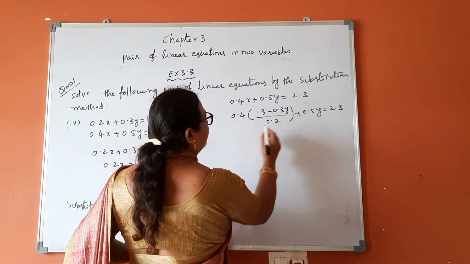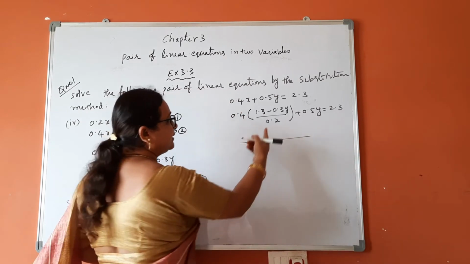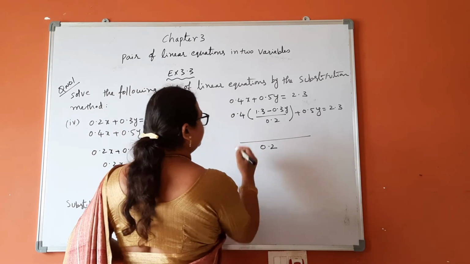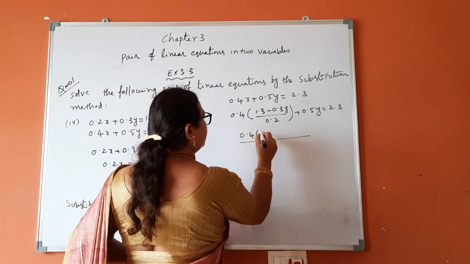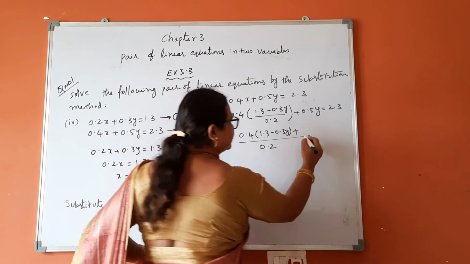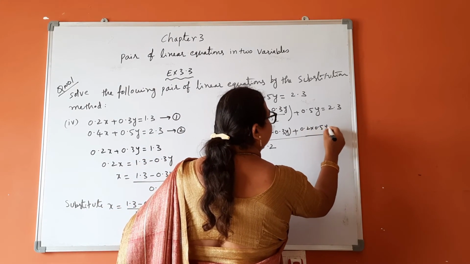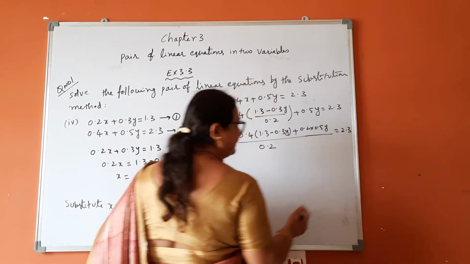Now open the bracket, or else we will find the LCM. LCM is nothing but 0.2. So 0.4 into (1.3 minus 0.3y) plus 0.2 into 0.5y is equal to 2.3.